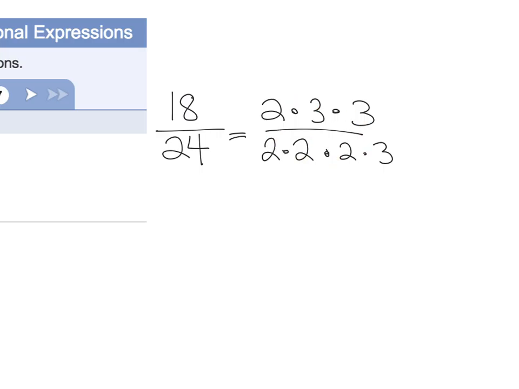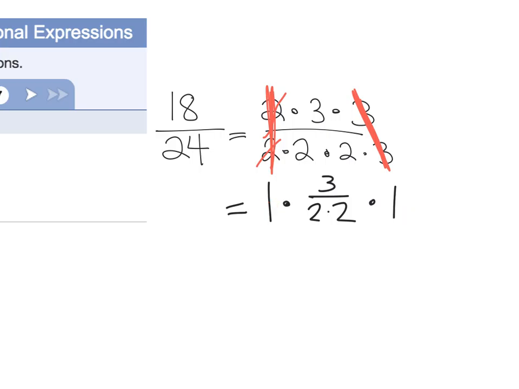Then 2 over 2 equals 1 whole, and over here, 3 over 3 equals 1 whole. So that simplifies, and we really get 1 times 3 over 2 times 2 times 1. When you're multiplying by 1, nothing happens.